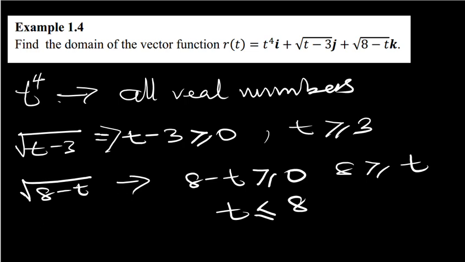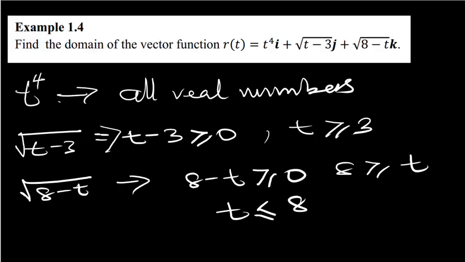So let's use the number line to help us find the intersection. The first one is all real numbers for t. This is our number line.